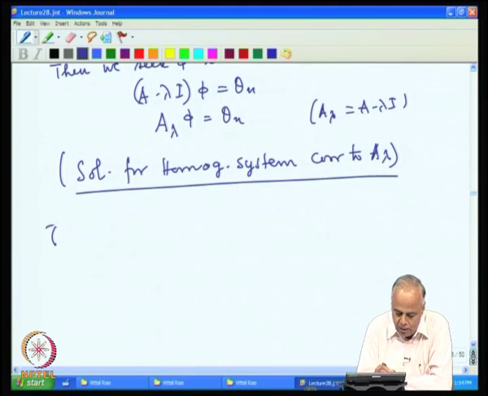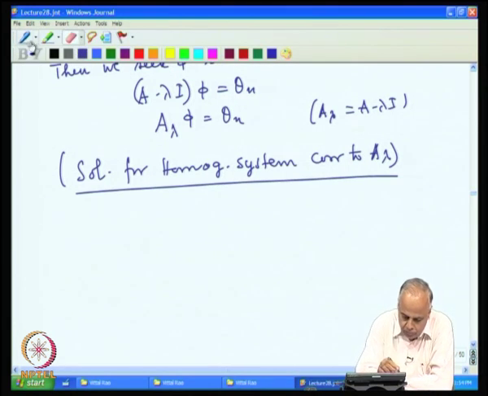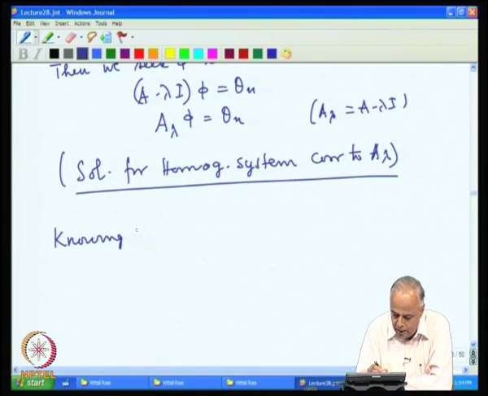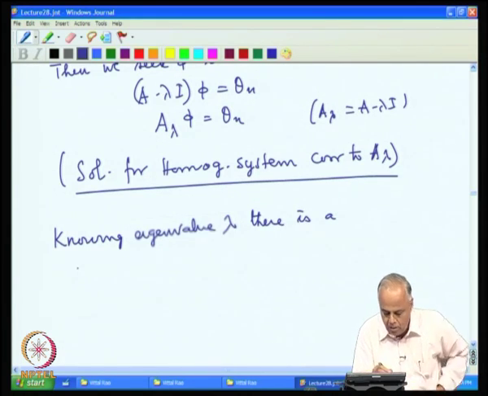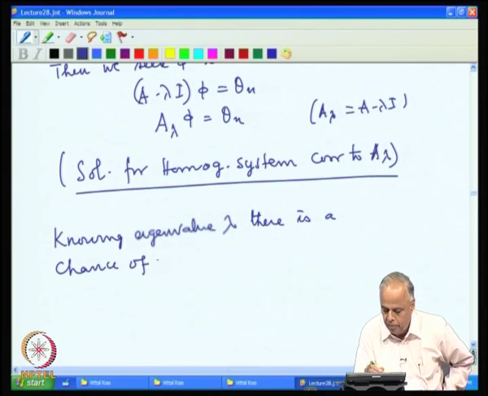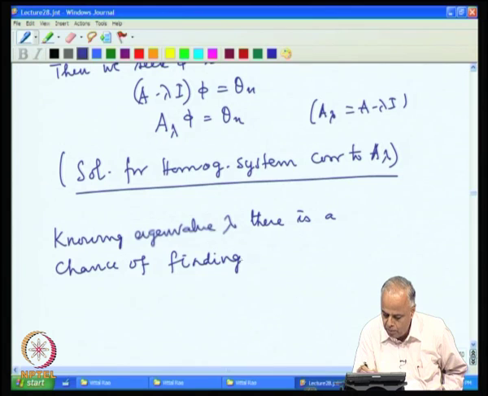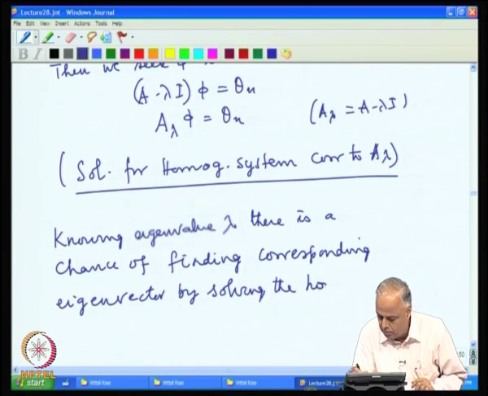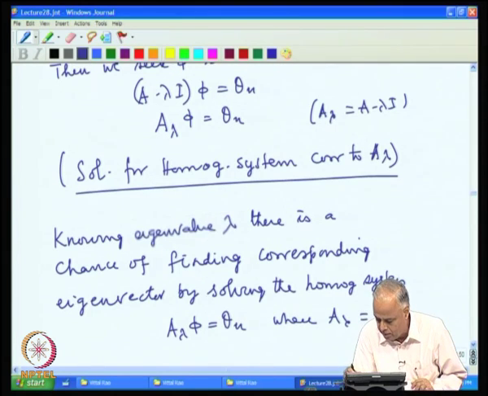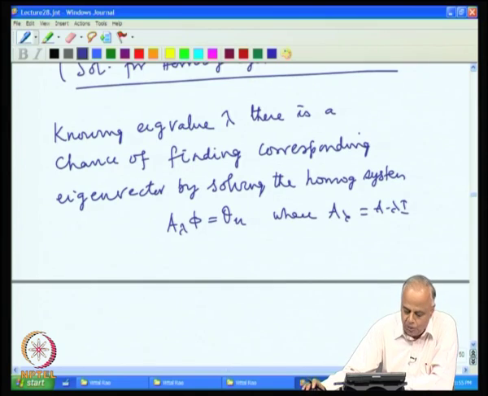So, knowing an eigenvalue lambda, there is a chance of finding the corresponding eigenvector by solving the homogeneous system A_lambda phi equal to theta n, where A_lambda equals A minus lambda I. Therefore, our primary search should be for the eigenvalues.